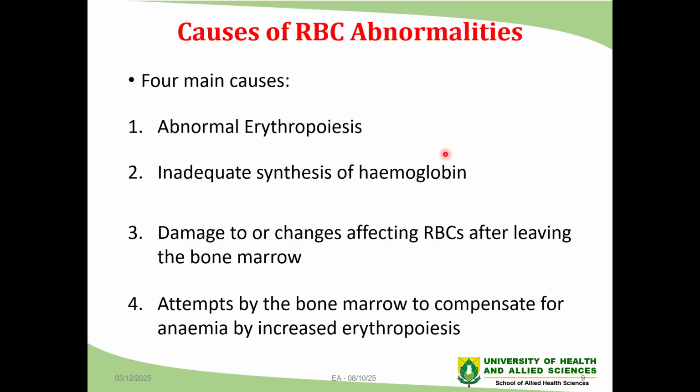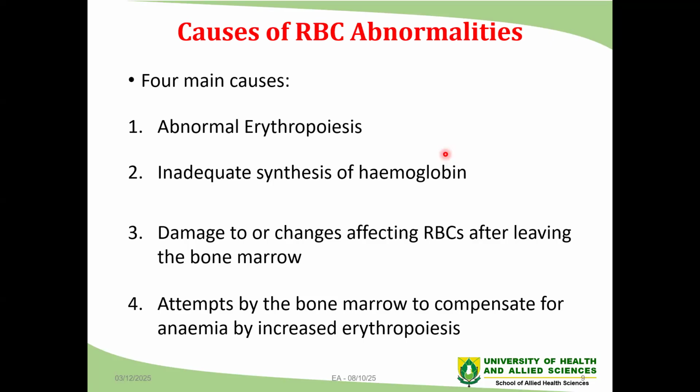And then lastly, in the attempts by the bone marrow to compensate for anemia by increasing erythropoiesis, the red cell may undergo some morphological changes or will present with morphological abnormalities.